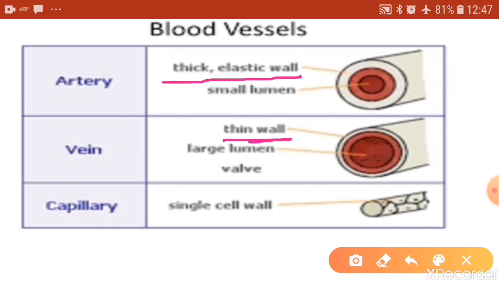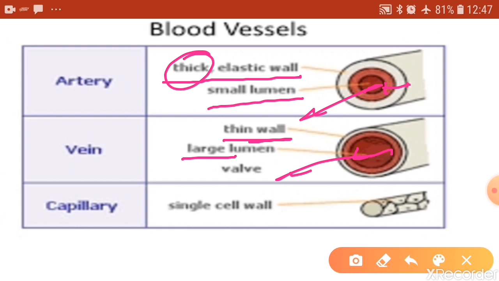Since the arteries have a thick wall, the central cavity, that is the lumen, the cavity through which the blood flows, is smaller in arteries. Whereas in veins, the lumen through which the blood flows is quite wider or larger. Another thing that you find is that veins have valves, whereas arteries lack valves.